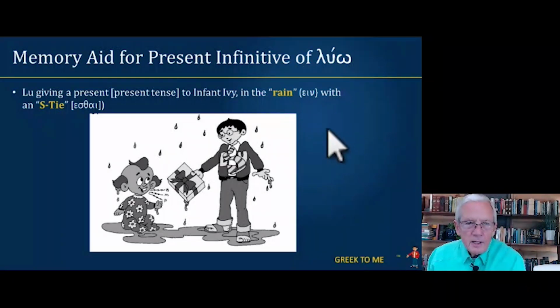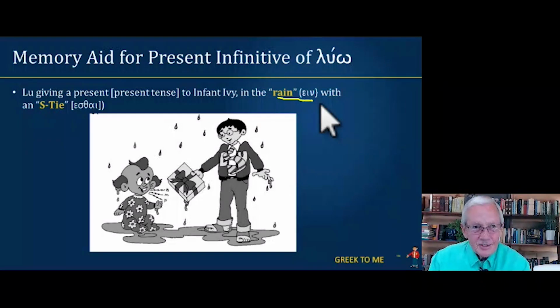You see the raindrops there? And the word rain reminds us of the ending ein. And what is he wearing? An esthai. And that stands for the ending esthai. So Lou giving a present to Infinivi, standing in the rain with an esthai.